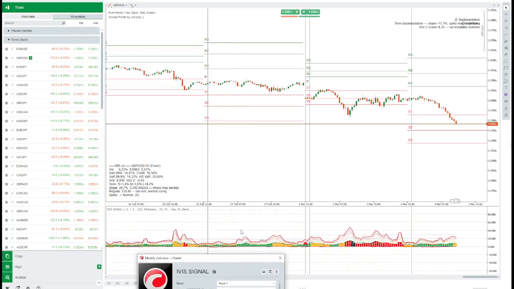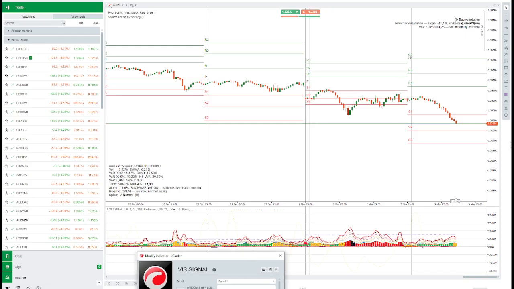Here we have the chart of pound dollar, cable. You have a pressure sell-off in the pound, but the indicator tells you the spike may be peaking. And you have the VoV Z-score, so you have a 4.25 standard deviation in vol of vol, and it writes down vol instability extreme.